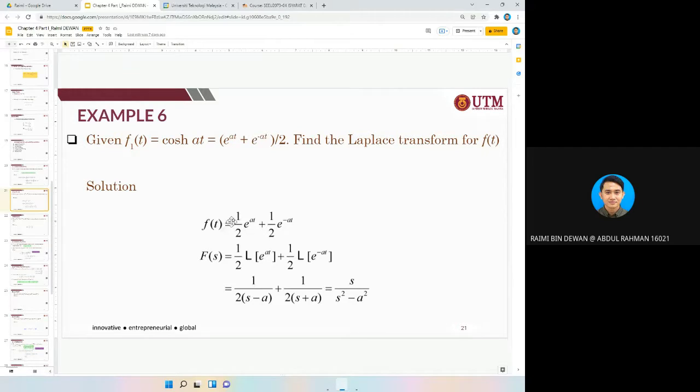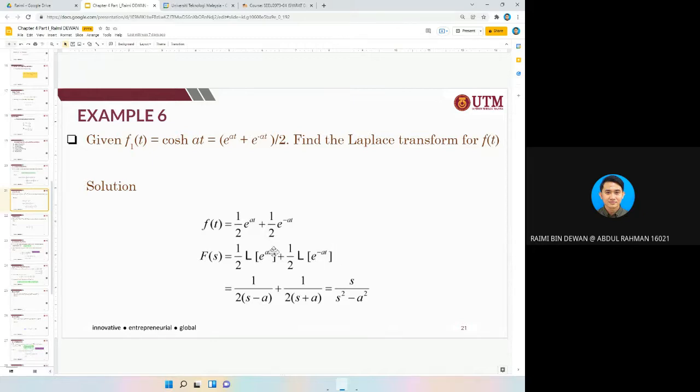Solution: f(t) equals half e to the at plus half e to the negative at. So this is half the Laplace transform of e to the at, and then half of the Laplace transform of e to the negative at.